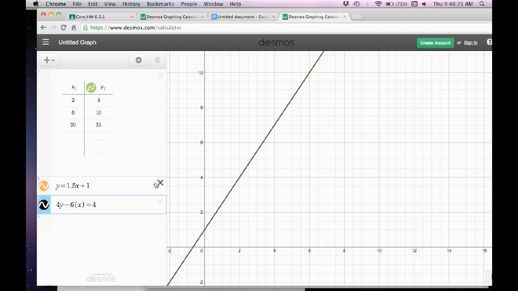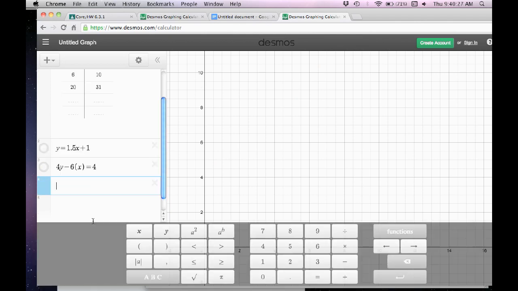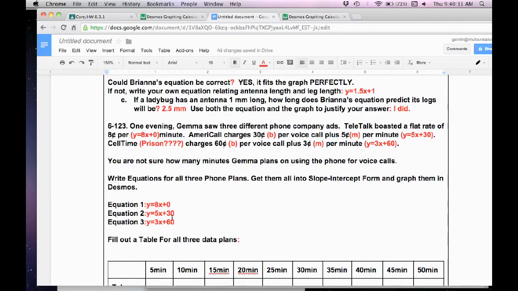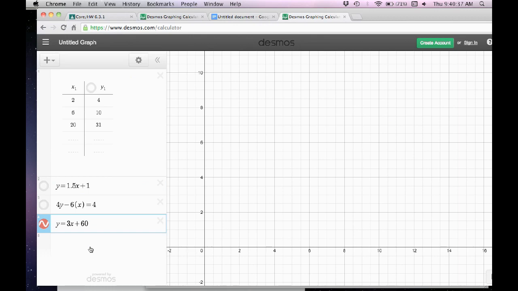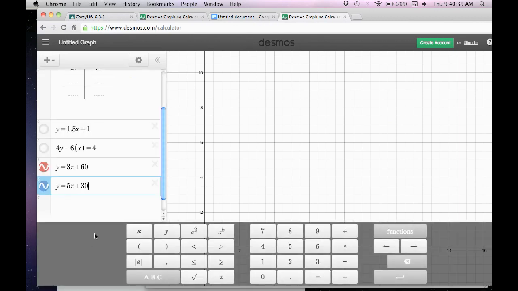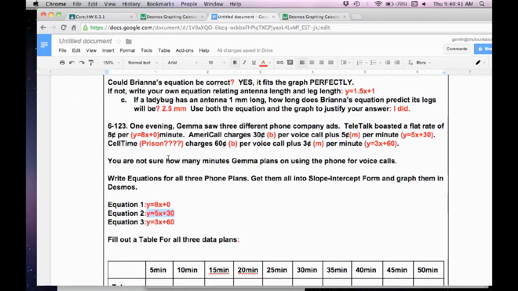You have to say goodbye to this stuff. I can deselect it. I don't have to erase it. First equation. Second equation. And third equation.